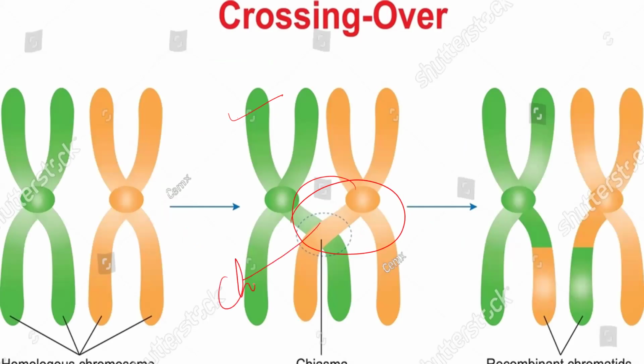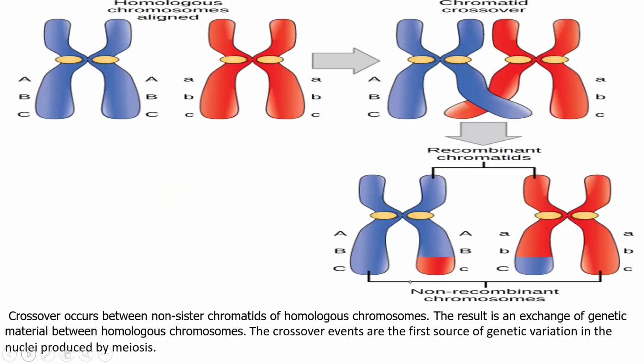In this stage chiasma formation takes place, where both are combining with each other. That cross-like structure is known as a chiasma. A newly appeared gene combination is known as a recombinant.